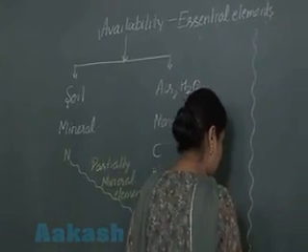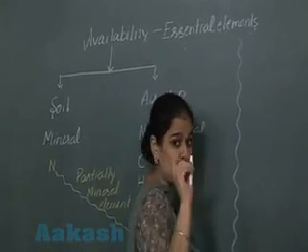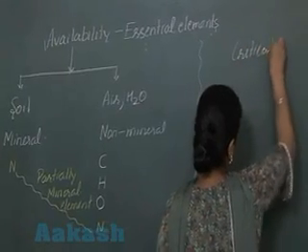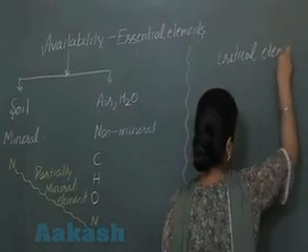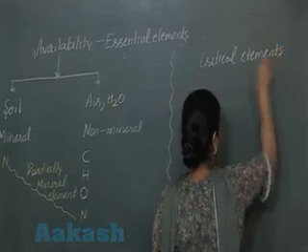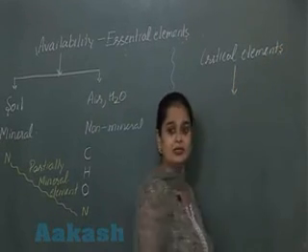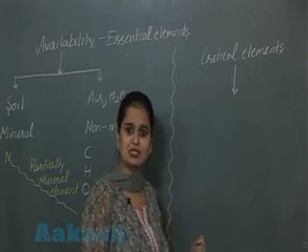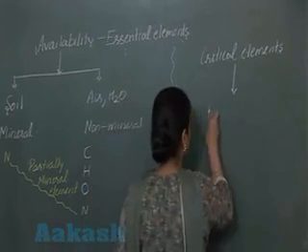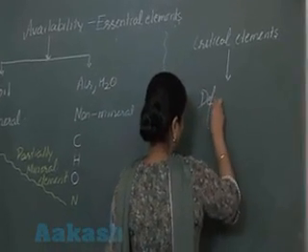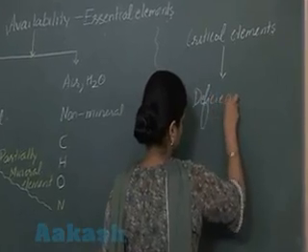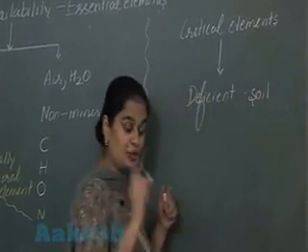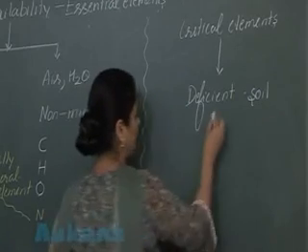In the essential elements, I would like to tell you about one category, that is critical elements. Critical elements are generally present in a deficient condition in agricultural soil. Now, why are they deficient in the soil?